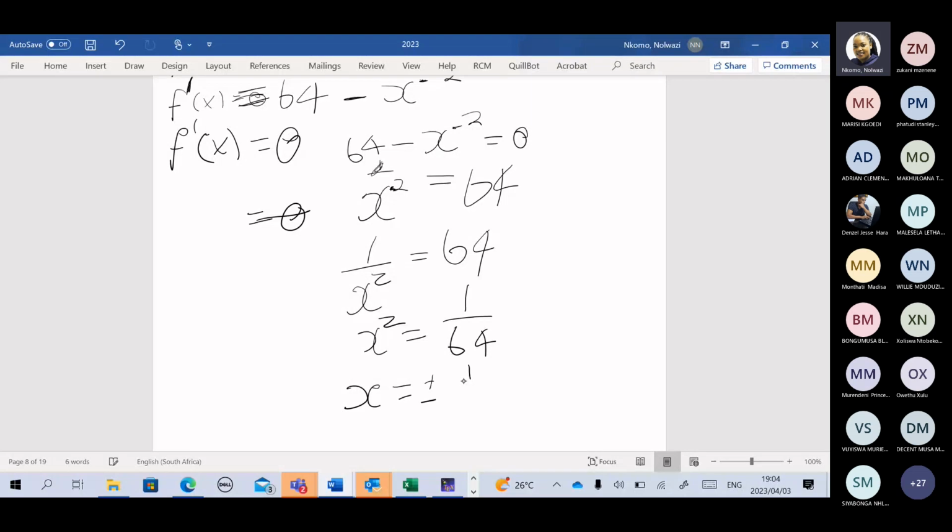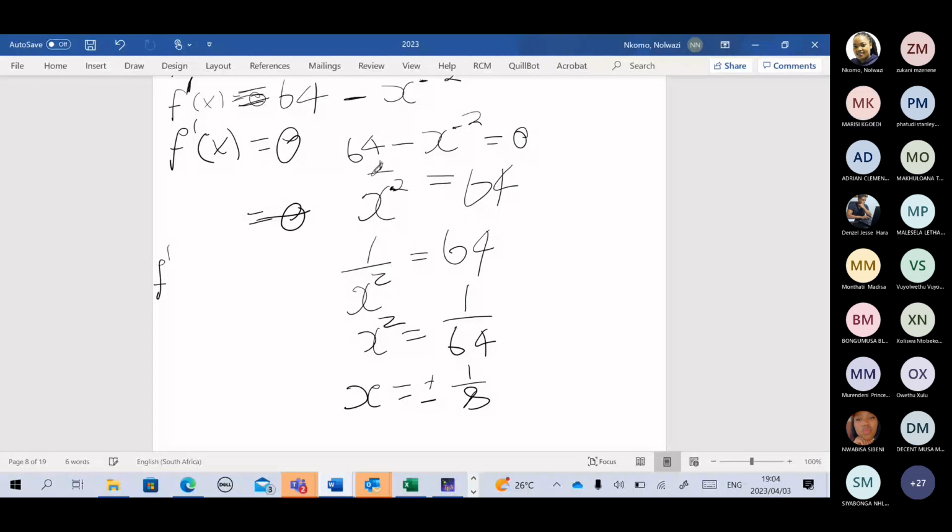Did you all get this one? Yes. And then the second derivative? It's 2x to the power -3, sorry, not cubed.